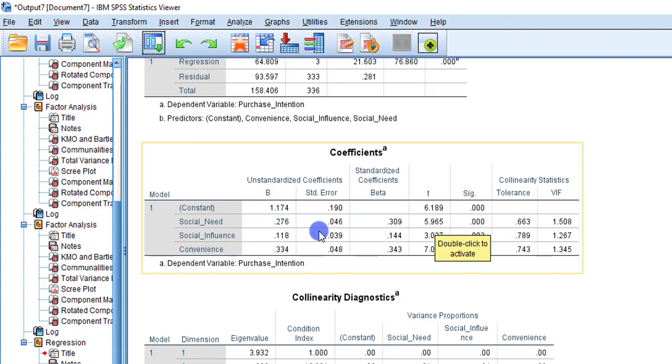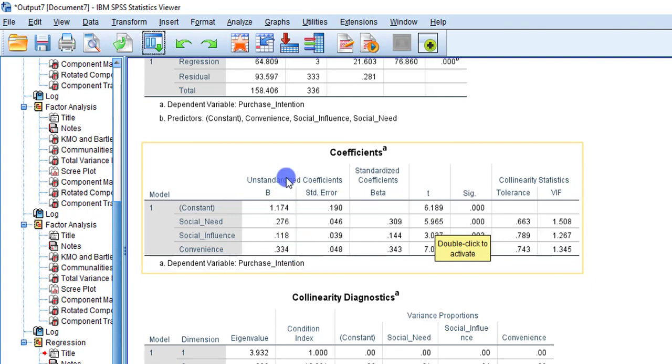The difference between unstandardized and standardized beta is that standardized beta is the value divided by the standard error, right? But the relationship is the same. The values can be different, but the relationship is the same.